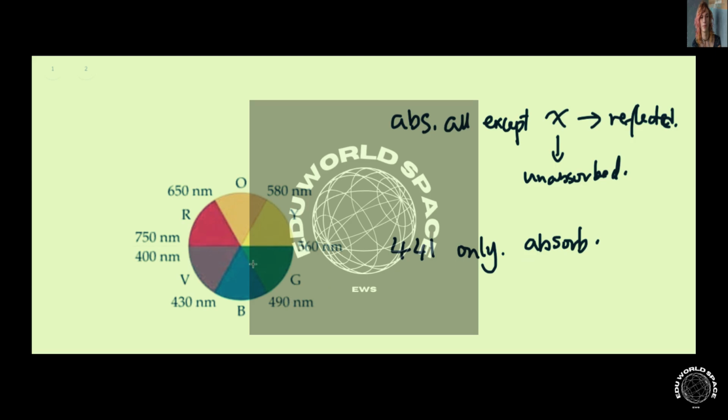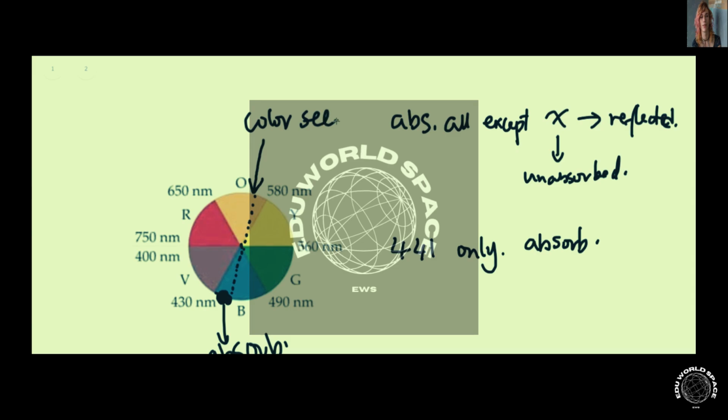So 441 will be someplace near here, and the complementary region will be the opposite, about right there. This is the region that absorbs, and this is the color that we see.